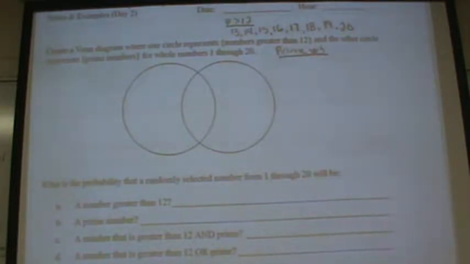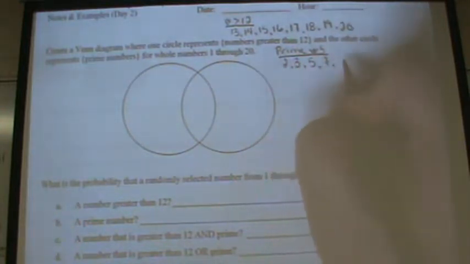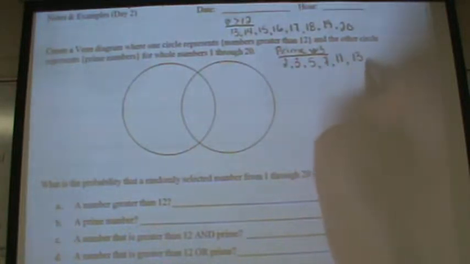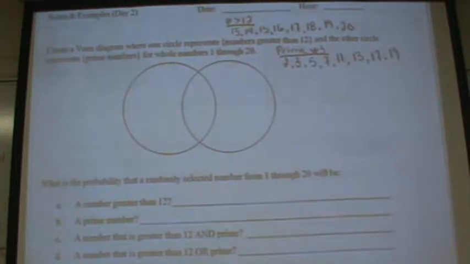Most math texts don't consider 1 a prime number, so we're going to skip 1. But other prime numbers that we have are 2, 3, 5, 7, 11, 13, 17, and 19. So those are our prime numbers.